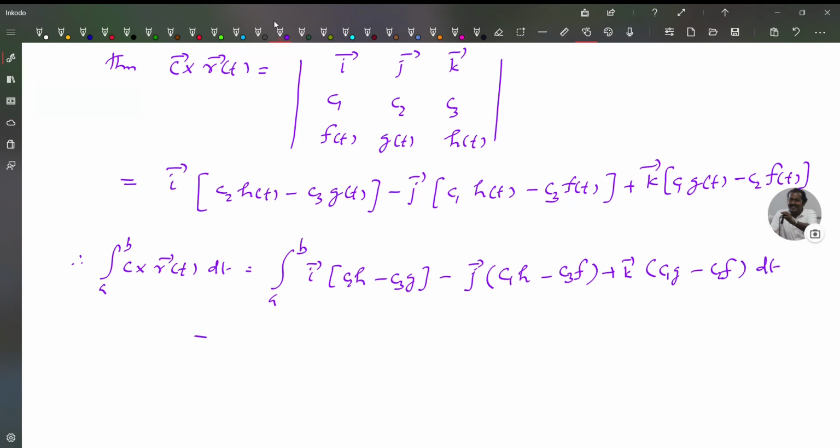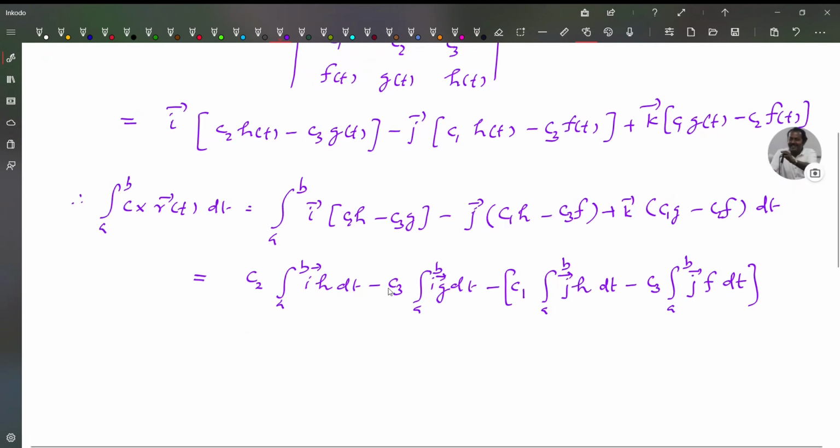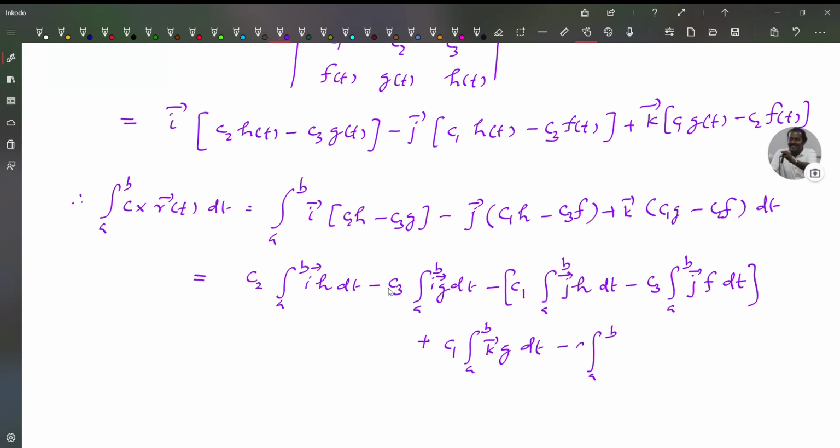So this is equal to c2 into the integral from a to b of h dt i minus c3 into the integral from a to b of g dt i, minus c1 into the integral of h dt j minus c3 into the integral of f dt j, plus c1 into the integral of g dt k minus c2 into the integral of f dt k.